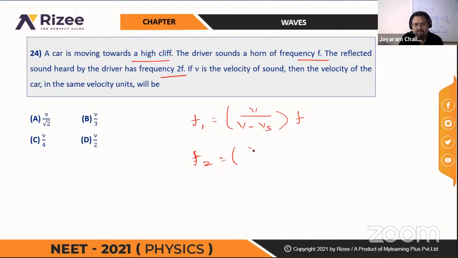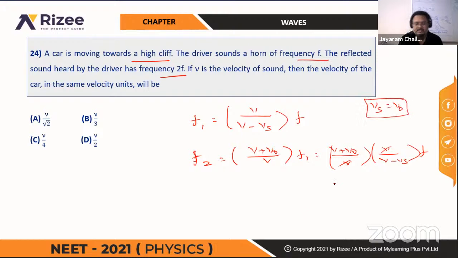Since it is under the reflection, it should be v plus v naught by v into f1, which is written as v plus v naught by v into v by v minus vs into f. So these two things go up. By the way, here source velocity and observer velocity, both of them are the same since the observer is sitting in the car. So the same formula, the f2 value, how much he has given, it is 2f.